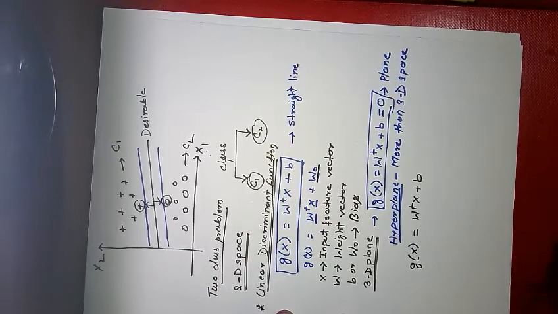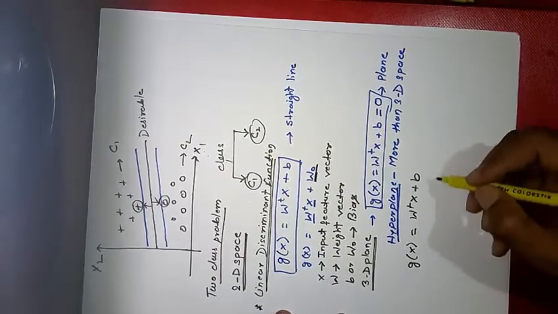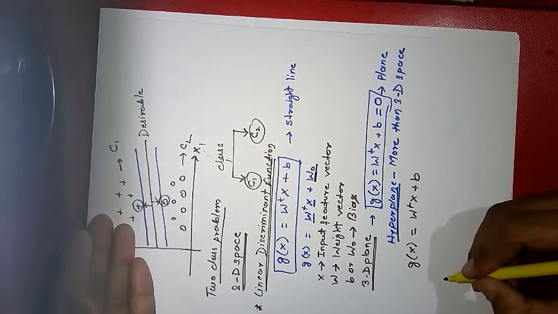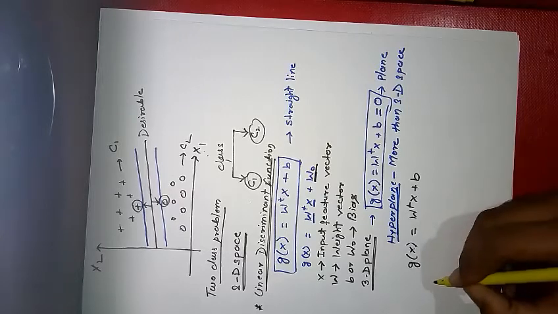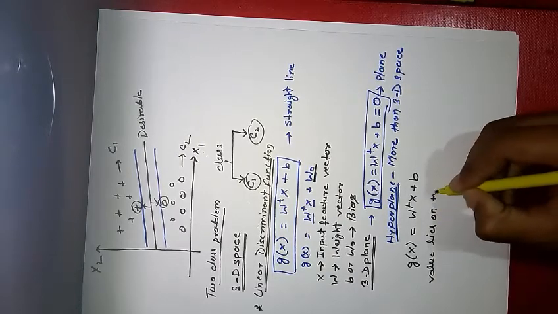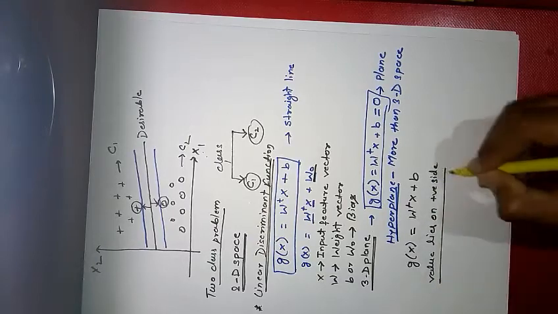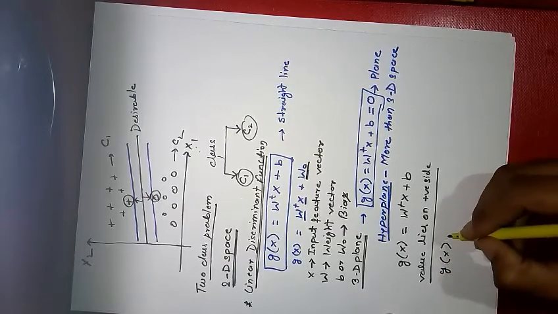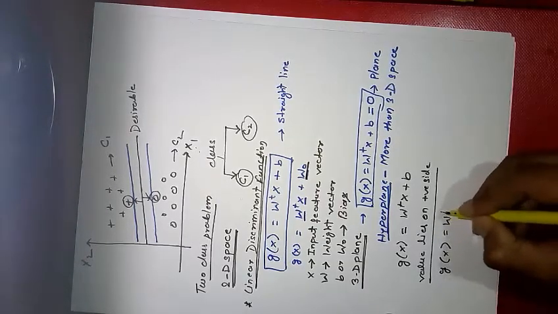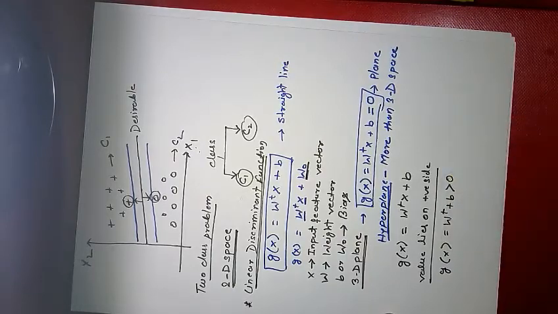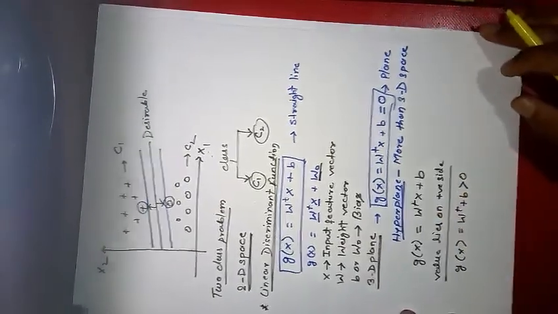Now if the value of this equation lies on the positive side, meaning the upper side, then g of x equals w transpose x plus b would be greater than 0, then the value lies on the positive side.